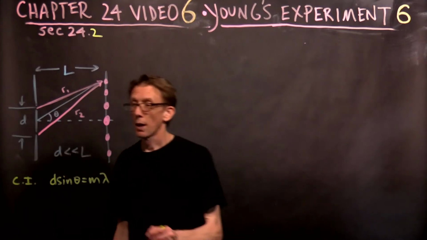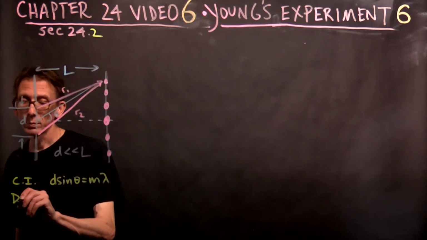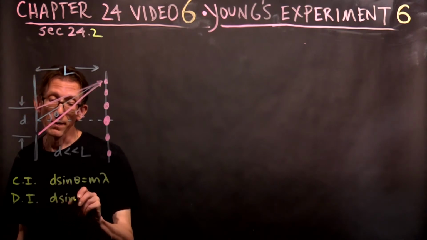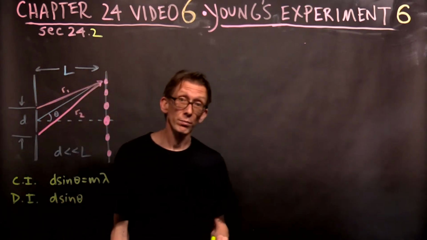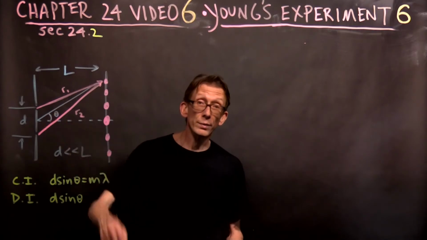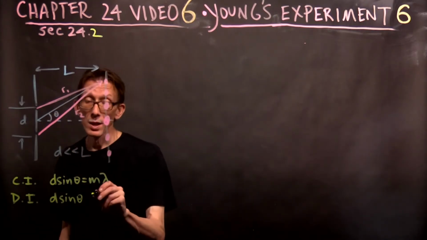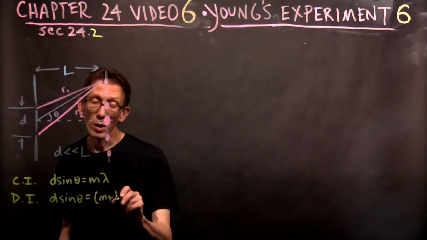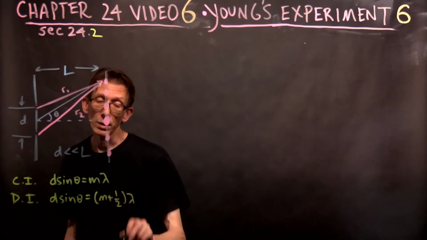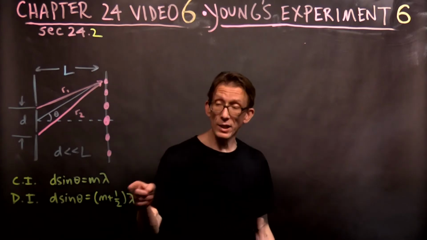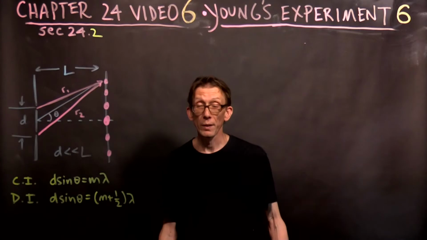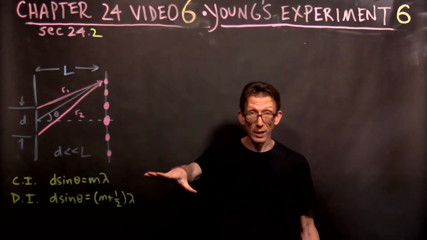Destructive interference: d sine theta, that is the path length difference. Remember the little triangle path length difference. It's not m lambda, but m plus 1/2 lambda. If that condition is true for any point on the screen, you have destructive interference, and there is darkness at that point.